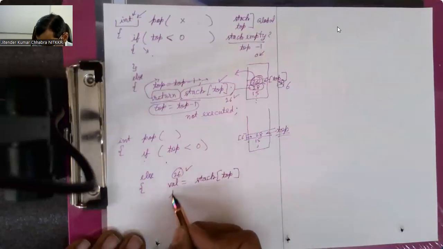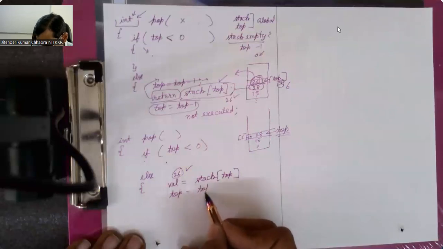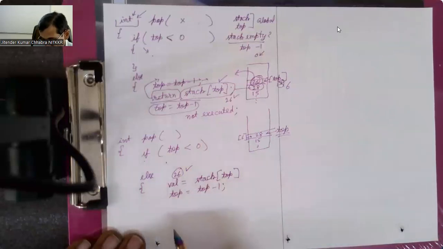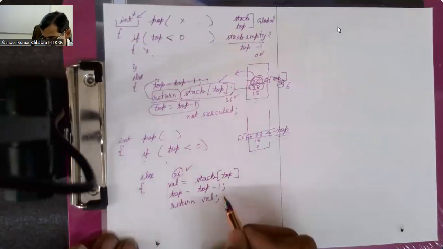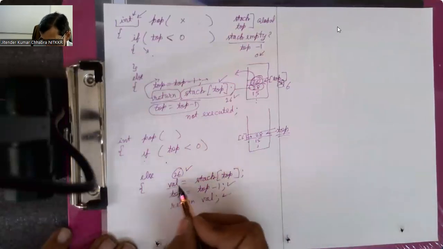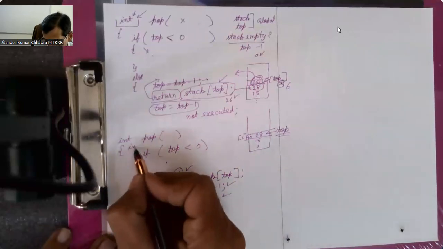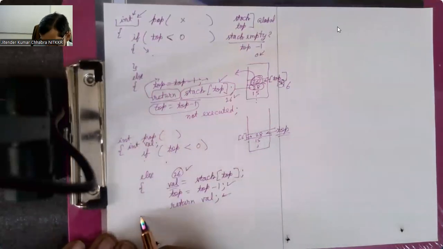Then I will decrement top, because the return statement should not get executed before that. And now I will say return val. So before return val, top has been updated and the value has been stored. So I can have a local variable int val, and through that I can return.